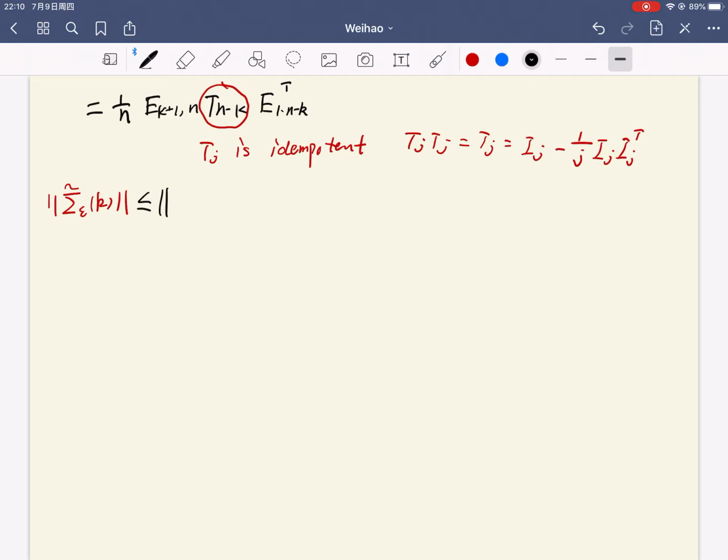Now we use the submultiplicativity of the matrix product.